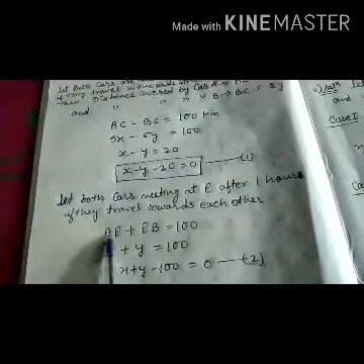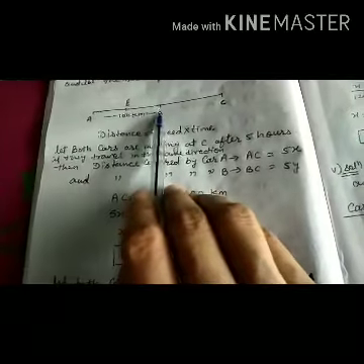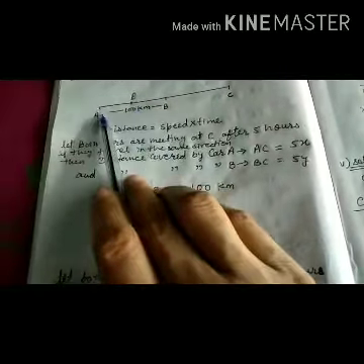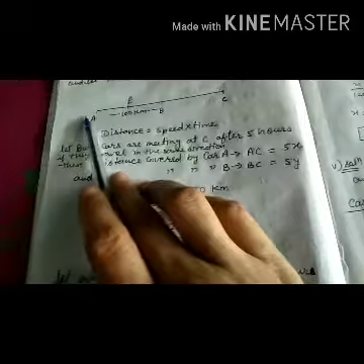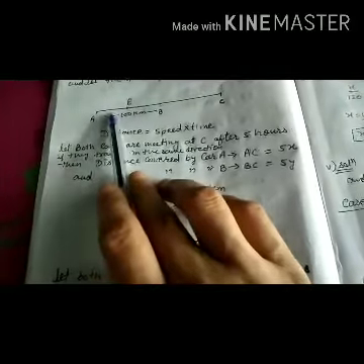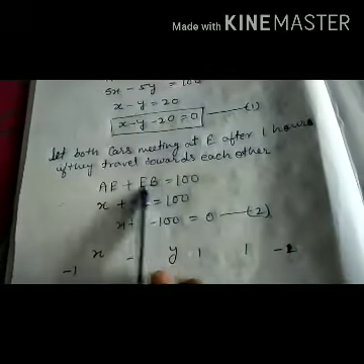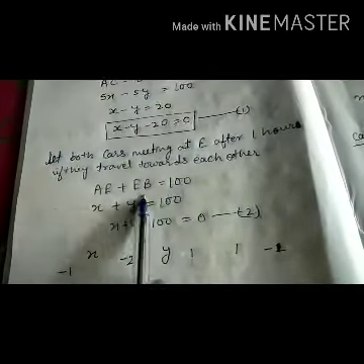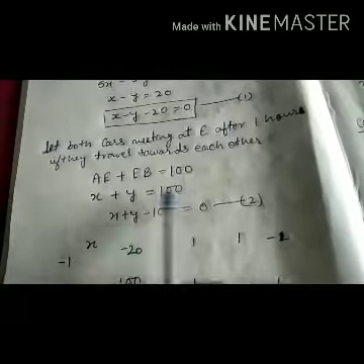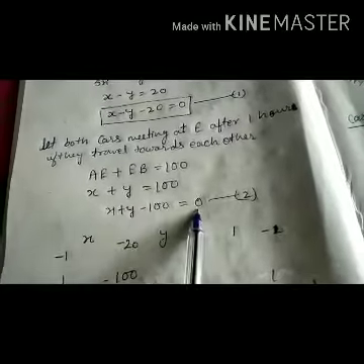AE is the distance traveled by the first car and BE by the second car B. AE: the speed of A is x, multiplied by 1 because the time is 1 hour, so x. And EB: time is 1 hour, so y into 1 is y. So x plus y is equal to 100, or x plus y minus 100 is equal to 0.